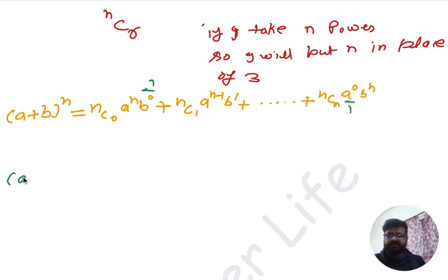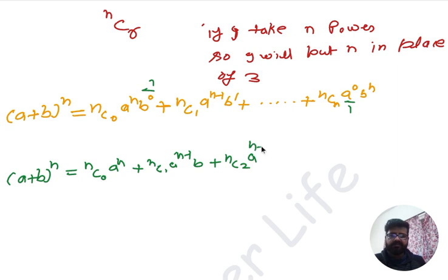So the expansion will be (a plus b) to the power n equals nC0 a to the power n b to the power 0, plus nC1 a to the power n minus 1 b to the power 1, plus nC2 a to the power n minus 2 b square, and it will go up to nCn b to the power n.